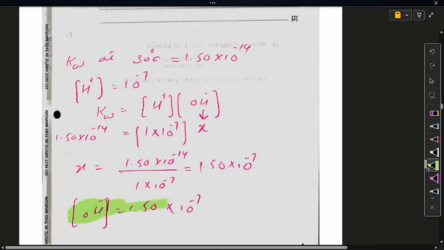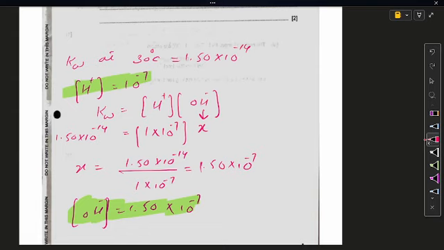That's the value that I calculated. Now observe whether the OH negative ion concentration is greater or the H positive ion concentration is greater. So I can suggest OH negative concentration is greater than H positive ion concentration.